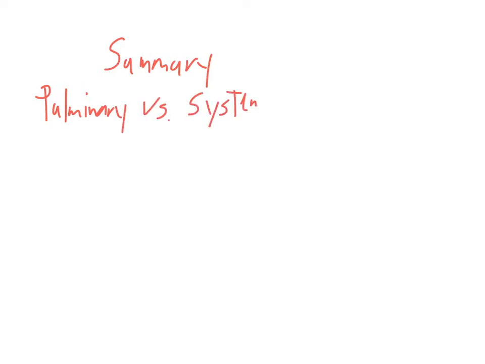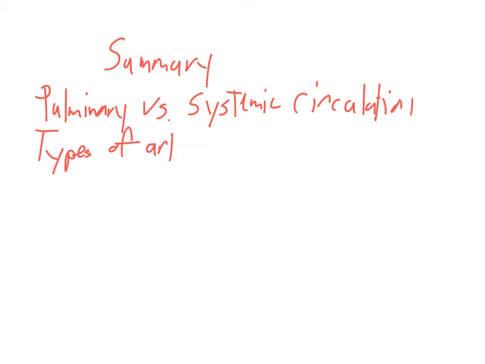All right, so in summary, you need to know pulmonary versus systemic circulation. You need to know the types of arteries and veins.